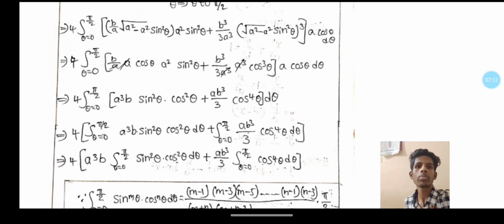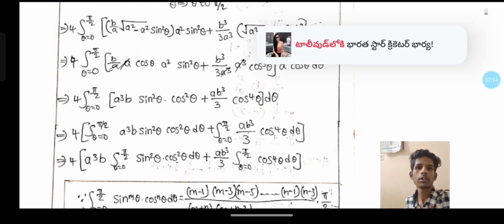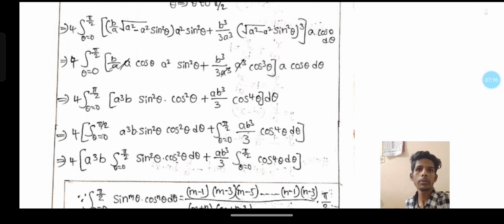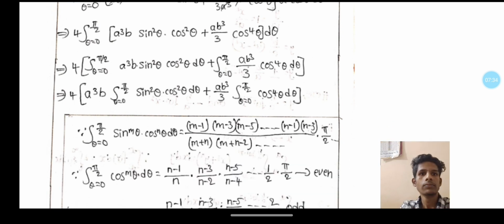Now the constants can be removed outside. 4 into a cube b integration of theta from 0 to pi by 2 sin square theta cos square theta d theta plus ab cube by 3 integration of theta from 0 to pi by 2 cos 4 theta d theta.